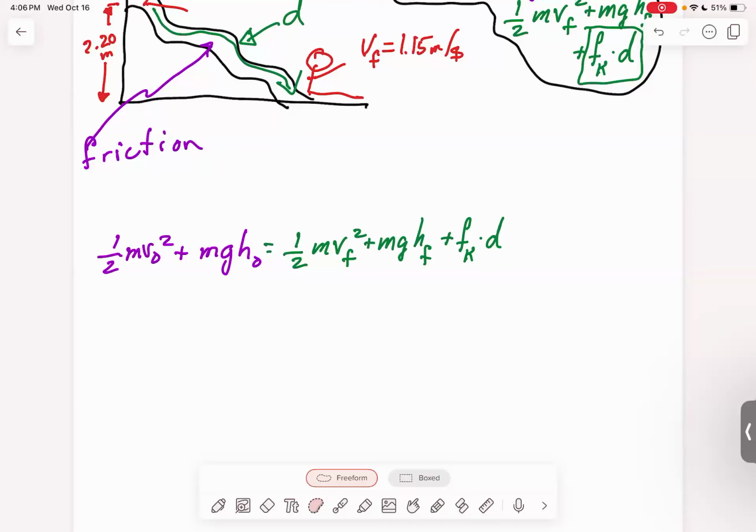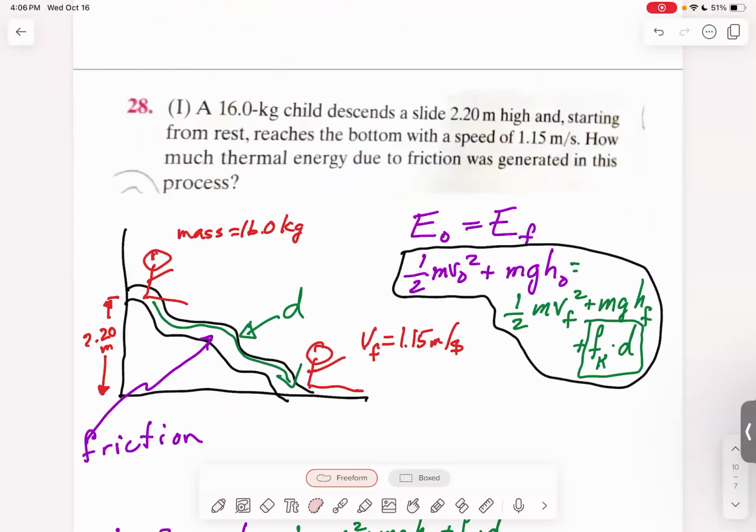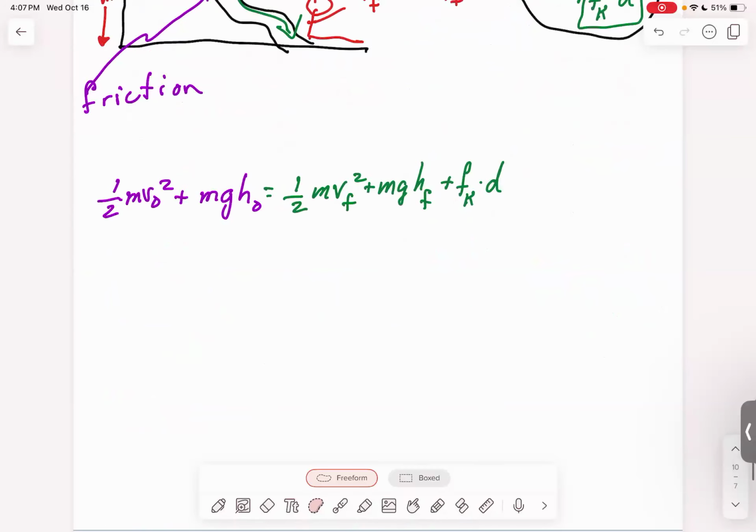All right, so our goal here, again, let's go back. How much thermal energy due to friction was generated? So we're solving for that piece right there. Let me state that again.